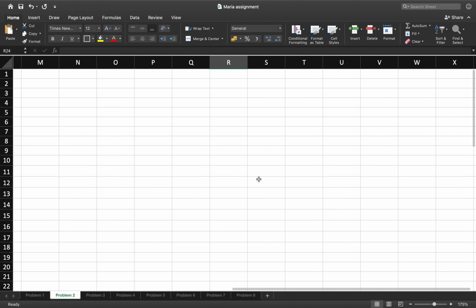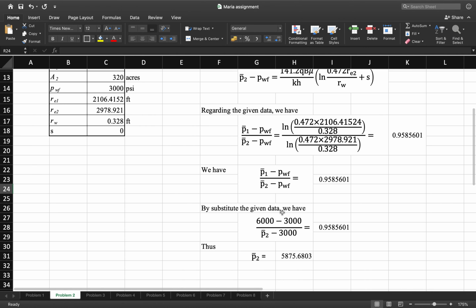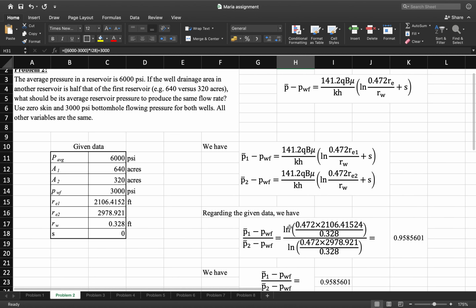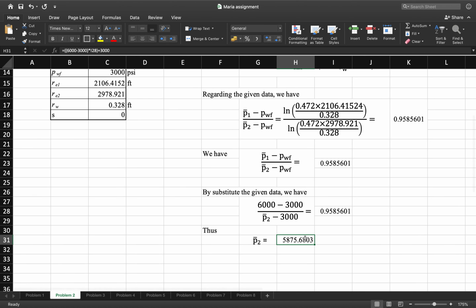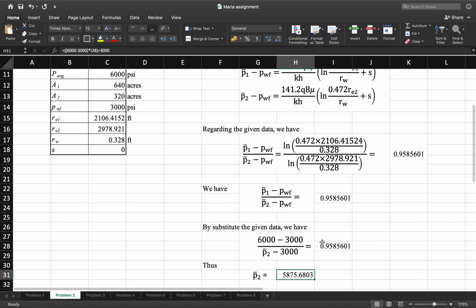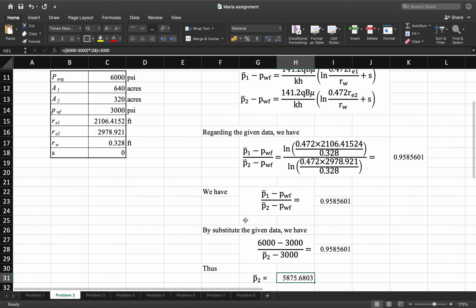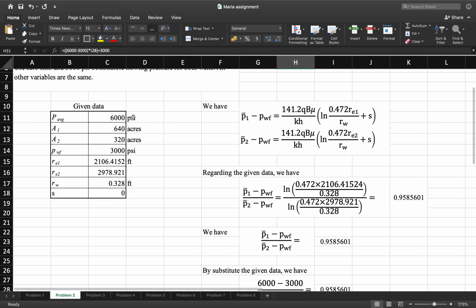Alright, so you will have the average pressure at radius 2 will be this one, 5,875.6803 psi. Alright, and you can see that you have P1.